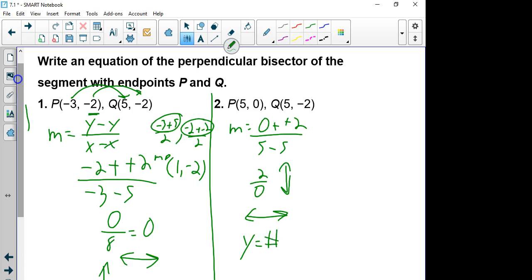So now we need to find that midpoint to know where it's going through. So 5 plus 5 divided by 2, and 0 plus negative 2 divided by 2. That's going to give me 10 divided by 2 is 5, and negative 2 divided by 2 is negative 1. So this bisector is going to be going through at y equals negative 1.